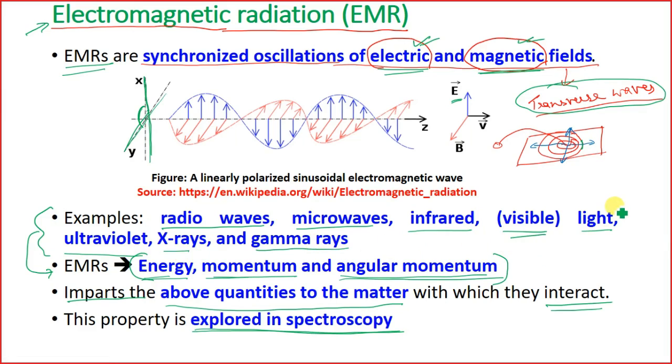And all these have some energy. When these radiations interact with matter, they transfer an amount of energy to it, and how much energy is transferred to the molecule or the matter, that property is explored in the field of spectroscopy. Okay.